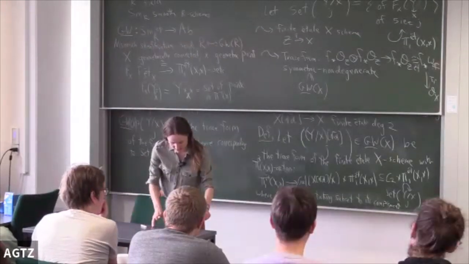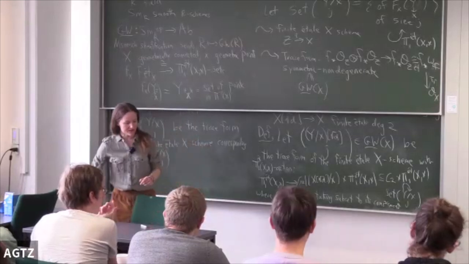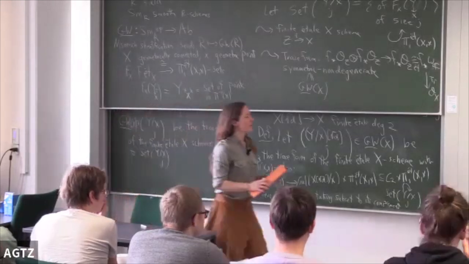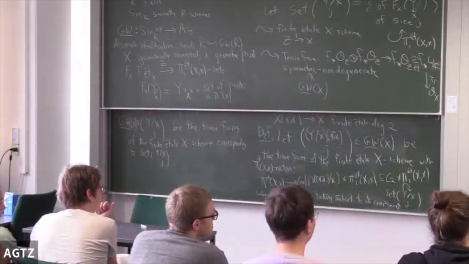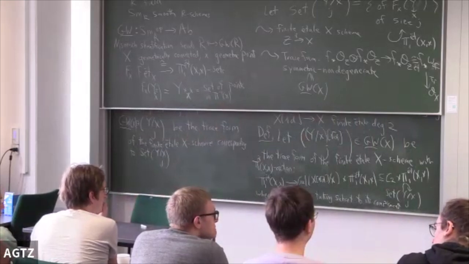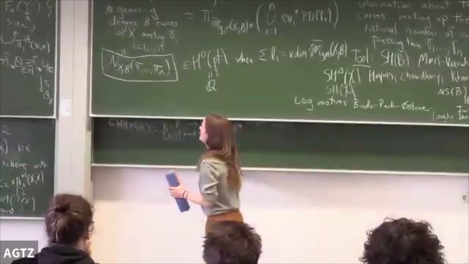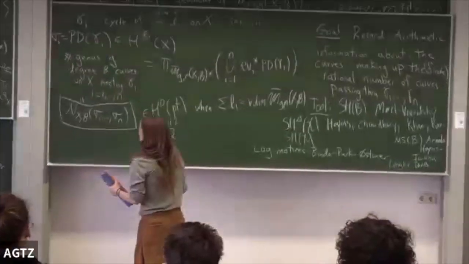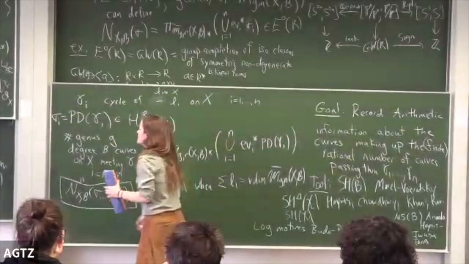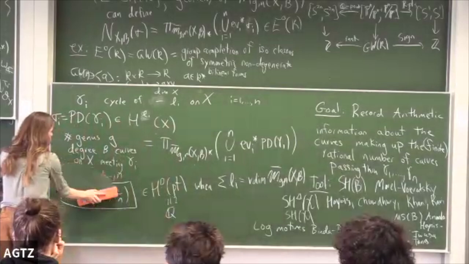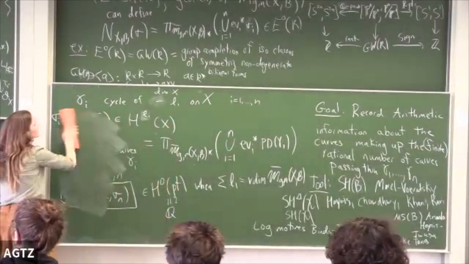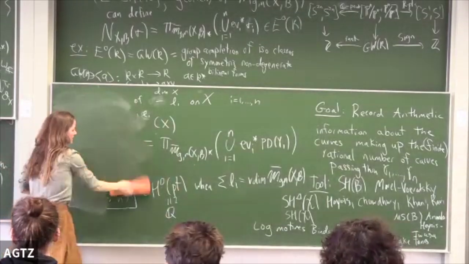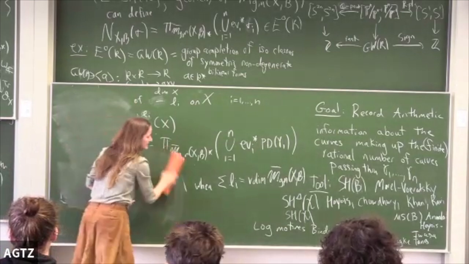Okay. So these can be used to calculate some Gromov-Witten invariants. And the ones that we've got really good definitions for are Del Pezzo surfaces.